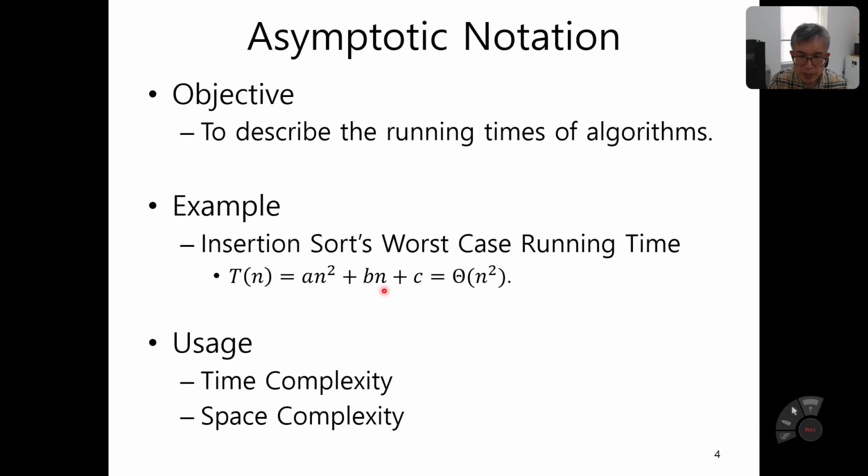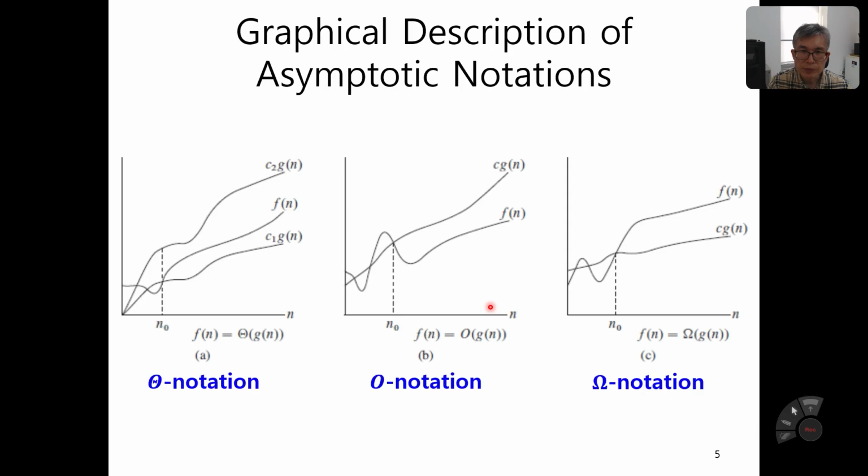The highest order is 2, right? So the highest order is the dominant term, that's why we have big theta of n squared. We can consider time complexity, and also we can consider space complexity for a given data structure and algorithm.